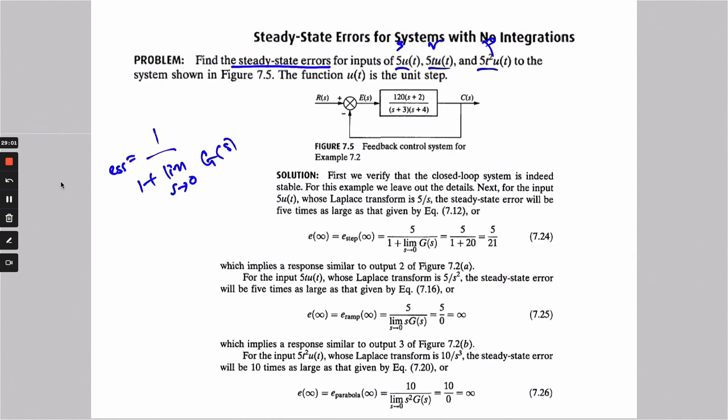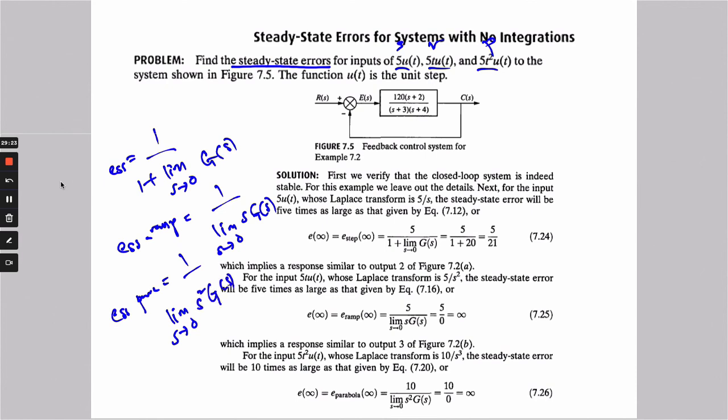For the ramp, we use 1 over limit s approaching 0 of sG(s). And for the parabolic, ess equals 1 over limit s approaching 0 of s squared G(s).